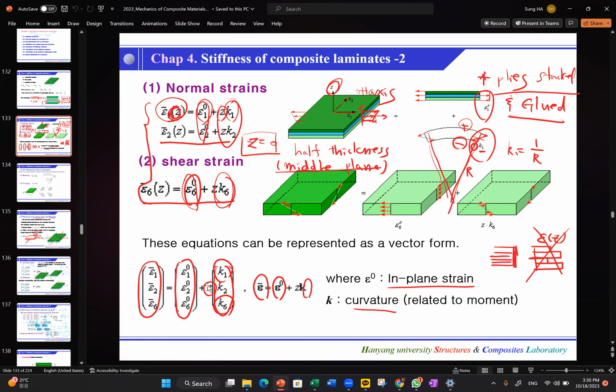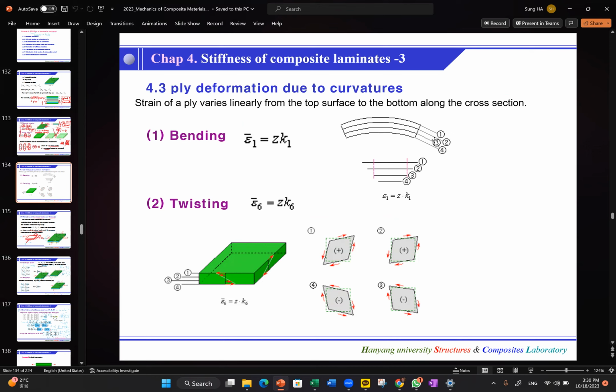K1, K2 represent the bending, which is relatively easy to understand. Strain is a function of z through the thickness, and K1 is the curvature. Now twisting is relatively difficult to understand, but it is the same concept, in this case with in-plane shear strain.